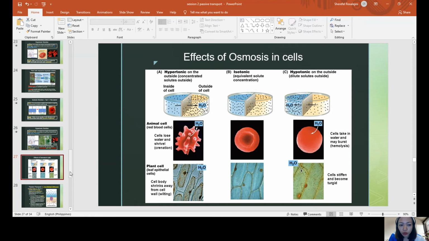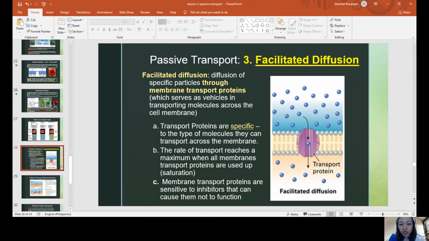I will proceed and finish the last part of passive transport, which is facilitated diffusion, because this is short, to be used in the next video. When we say facilitated diffusion, this still falls under passive transport. Why? The movement of molecules is from high concentration to low.